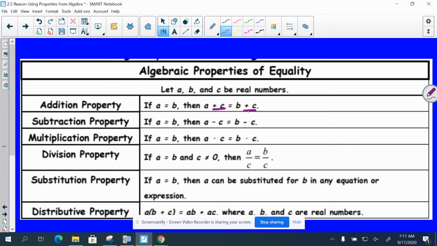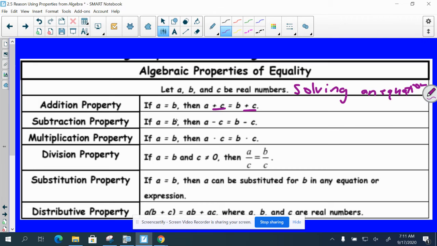This is just like solving an equation. You use these properties all the time when you're solving a simple equation. You probably don't think that you're using the addition property or the multiplication property. You just automatically do it because that's how you solve the equation.